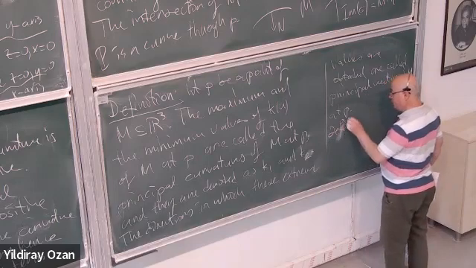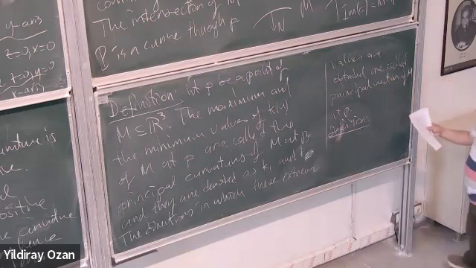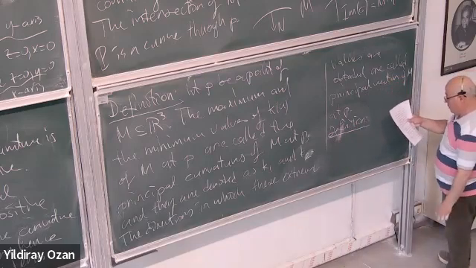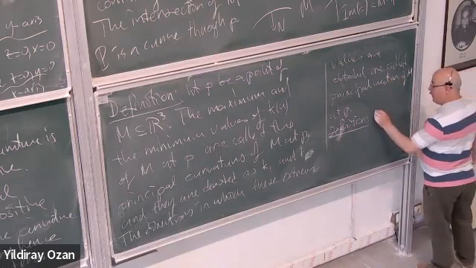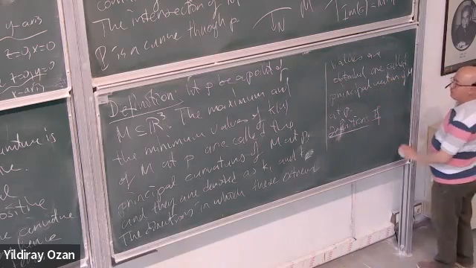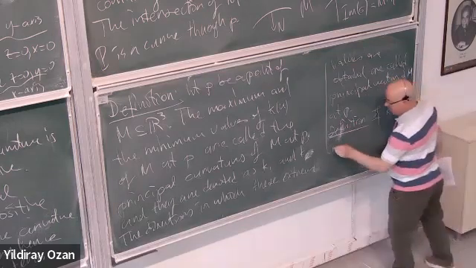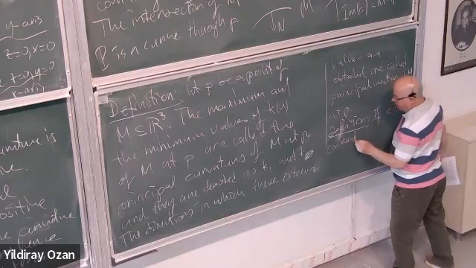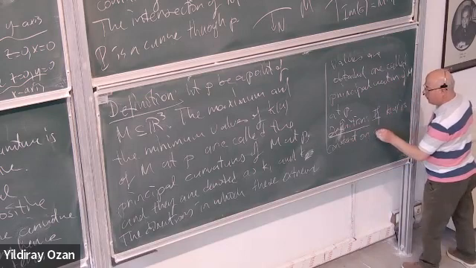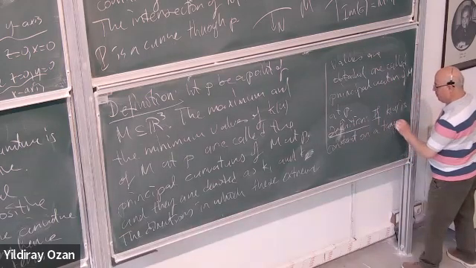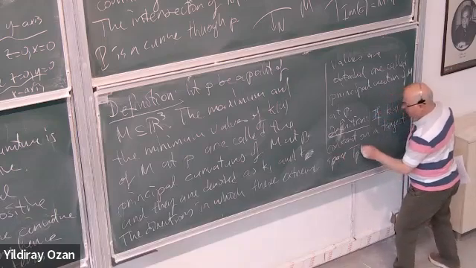Another definition. If Ku is constant on the tangent space TPM.